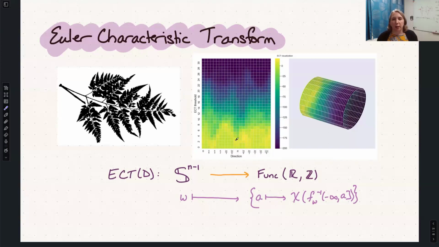I can keep track of this number for every direction and for every choice of threshold. So a straight vertical line like this is a heat map version of the Euler characteristic curve I was showing on the previous slides.